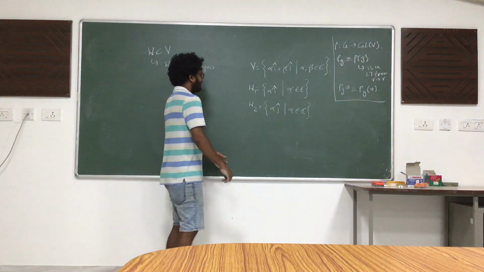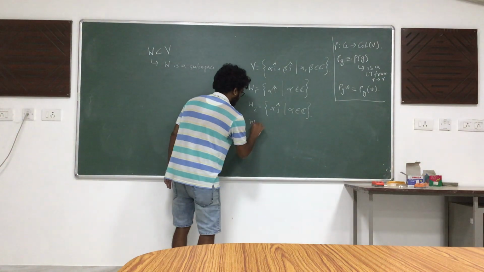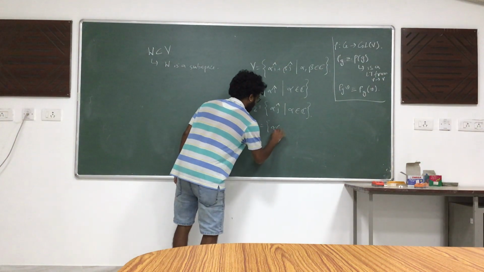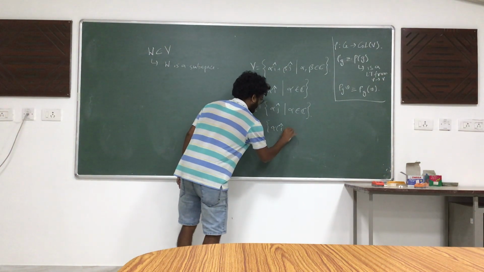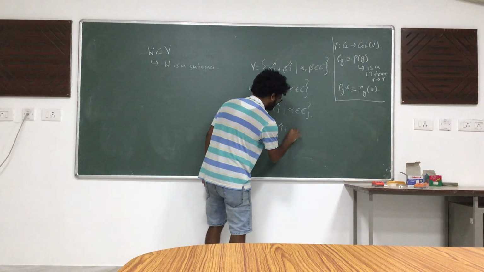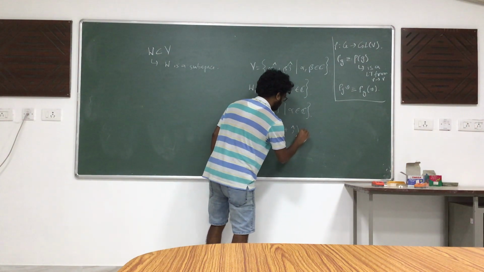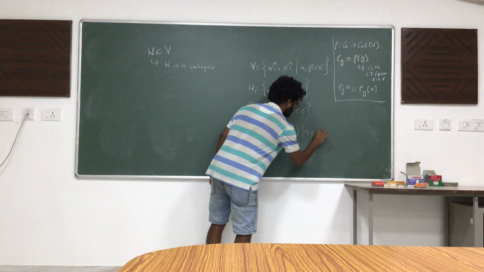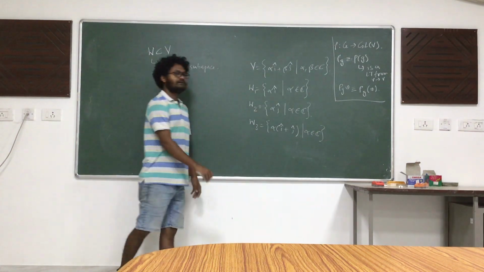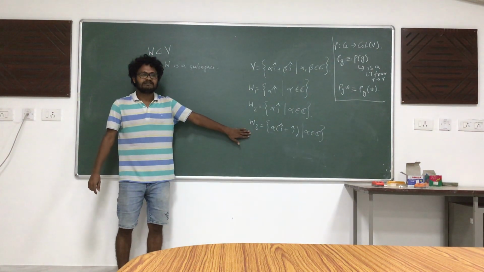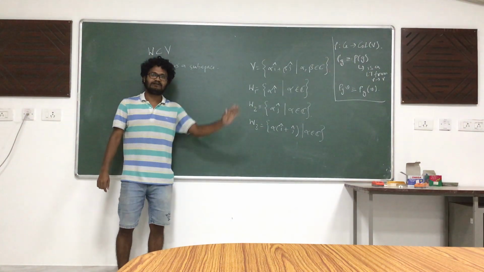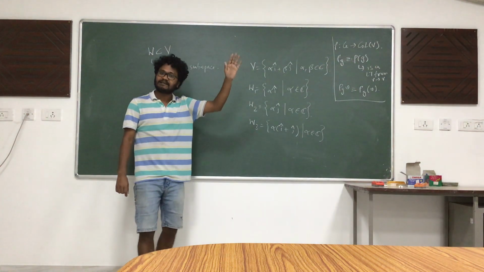One more example could be W3, which is alpha i cap plus j cap, alpha belongs to C. What this means is all the vectors along the i cap plus j cap direction.